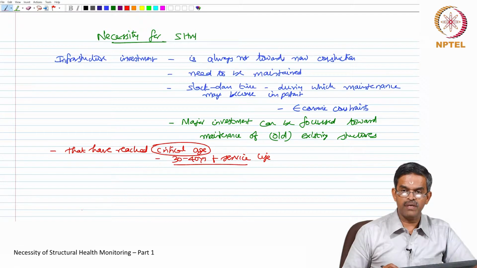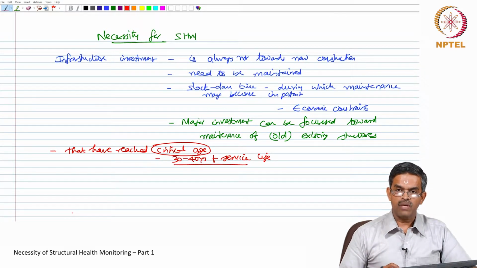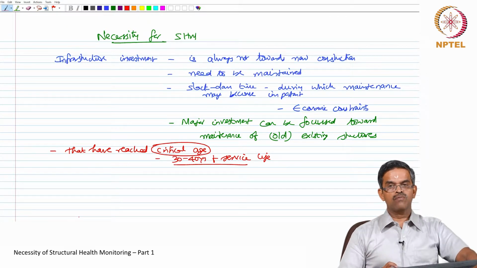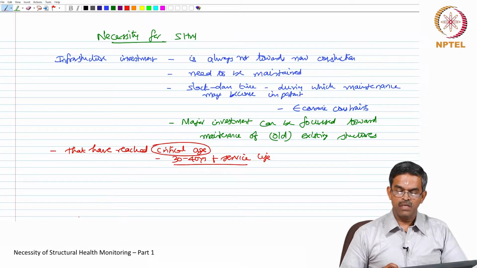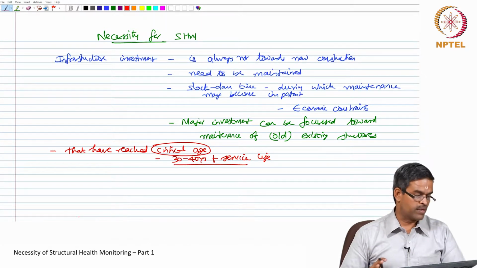Of course, it depends on material, type of loading, environmental conditions, and also the degree of maintainability. There are many factors which dictate whether the structure is of a critical age. However, in general practice, if the structure is about 30 to 40 years into its service life, it comes under the bracket of critical age.